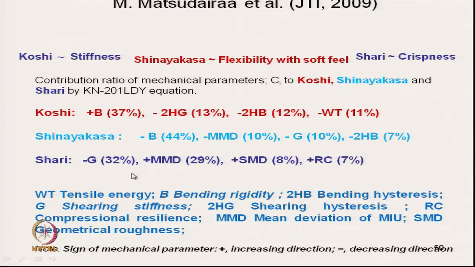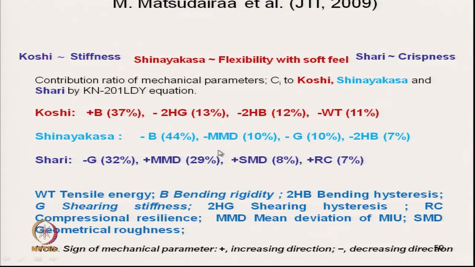What I have discussed now is Shinai Akasha, which is flexibility with soft feeling. It is inversely proportional to the bending rigidity, 44% negatively related with the bending rigidity. That means if the stiffness B is high, the Shinai Akasha will be low, which means it is making the fabric flexible.